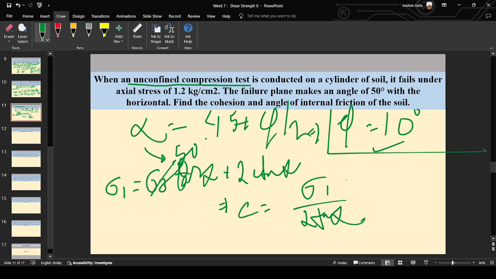Sigma 1 is how much? 1.2. So from here the value of c, and alpha is 50 degree, we can get as approximately 0.503 kg per cm square, because the axial stress is also in kg per cm square, so it will be also in kg per cm square. Okay.